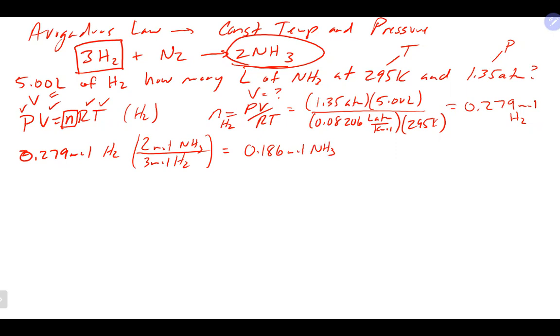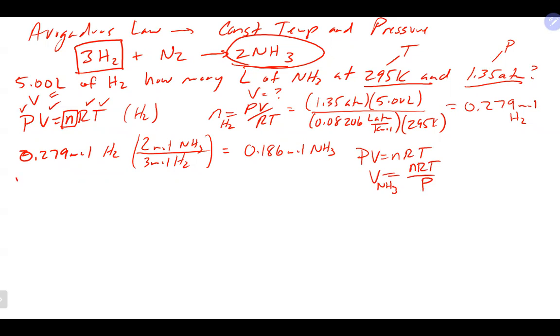Now, if we think about the NH3 at this point, we now have moles. We still have the same pressure and the same temperature, as they're constant. That means at this point, we could go into PV equals nRT and solve for volume for our NH3, and that would be nRT divided by P.